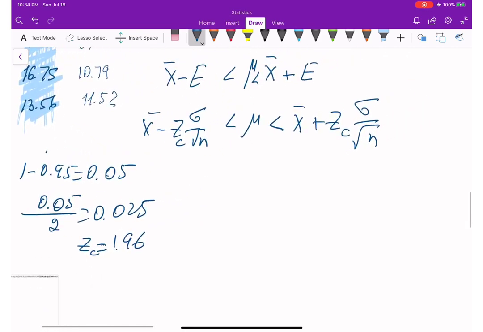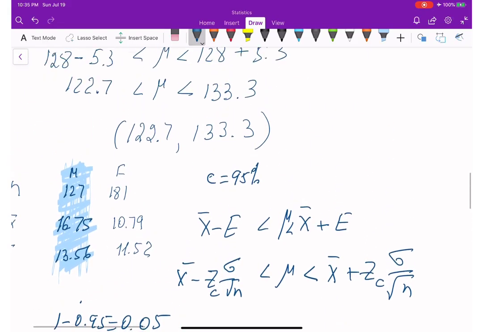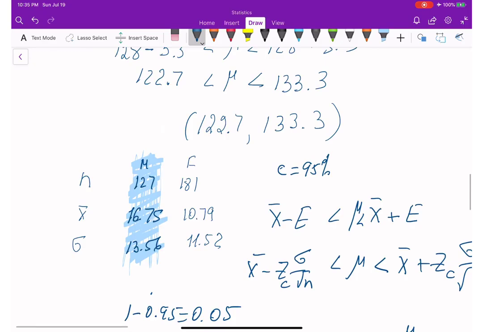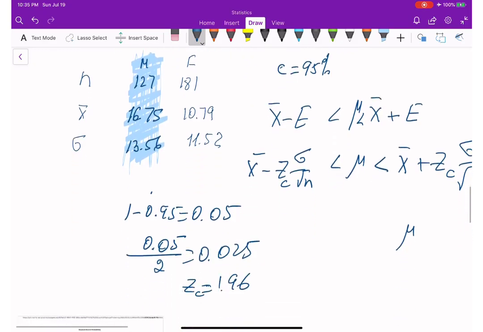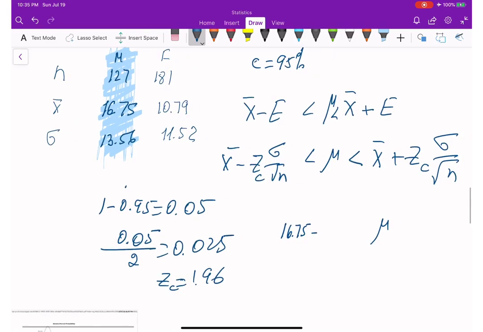So what's gonna happen? Mu is equal to X bar. X bar is 16.75 minus 1.96 times sigma. Actually, in this case it's given S, but it doesn't matter because we can use it, even as sigma.